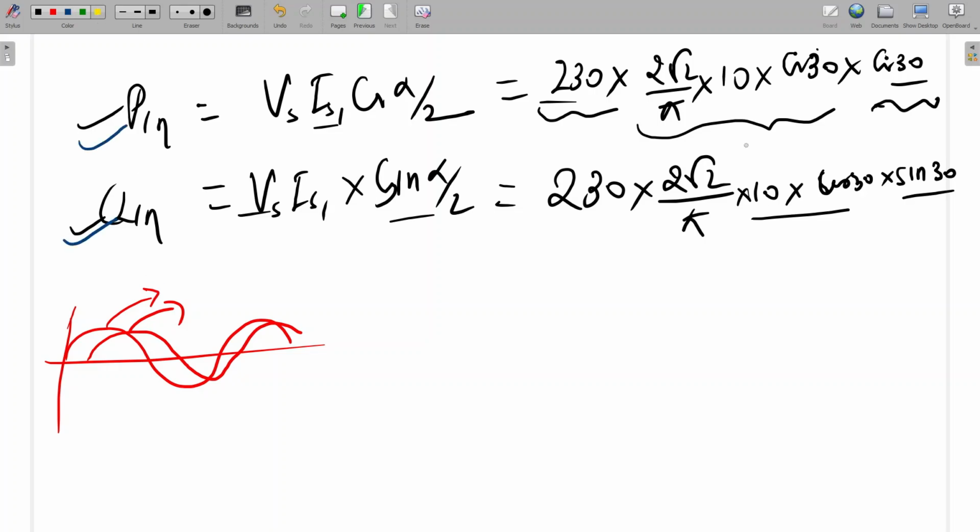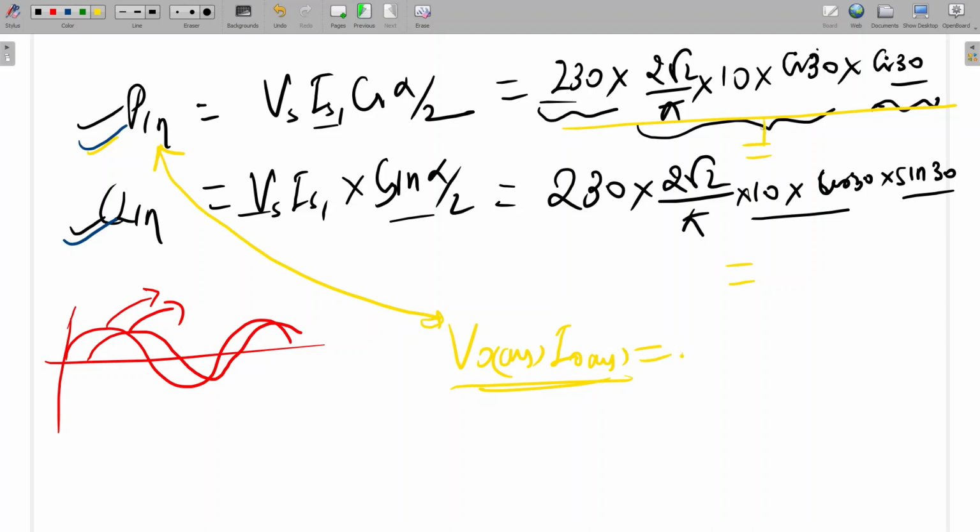Can anyone tell how much we are getting? And this should be verified with V naught average and I naught average. This value should match with this one, like input real power should be equal to output real power. So V naught average into I naught average, both should match. All of you can calculate this one.